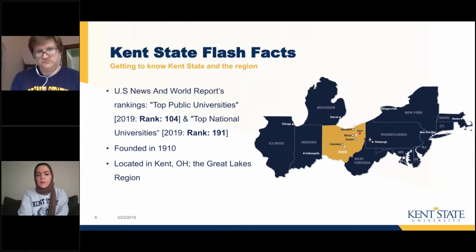So like Eric emphasized, we're kind of settled between Akron and Cleveland, and we're the little red dot. And then we're located, of course, near the Great Lakes region, which again puts our university in a really good position for research. And I think we'll touch on that briefly later, but a lot of our students take advantage of our location to do some of their science research. Next slide, please.